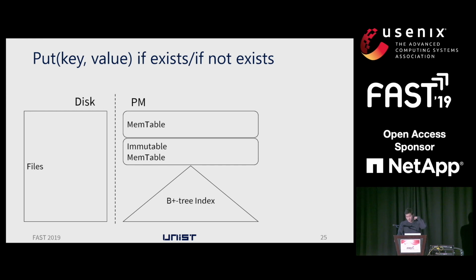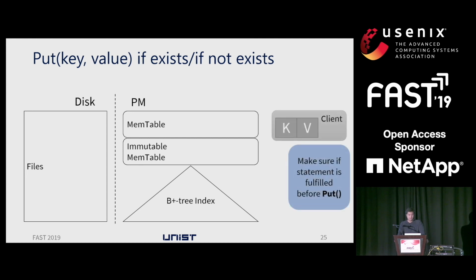And we have a special operation called put-if-exists, or put-if-not-exists, with a statement. We needed those operations for, for example, the update operation, which is the same as put-if-key-exists. There's quite a few applications that need such operations. First, we need to verify that the statement is fulfilled and true.